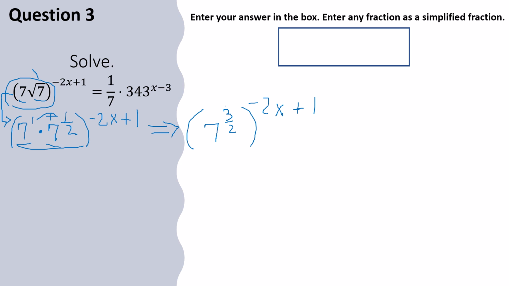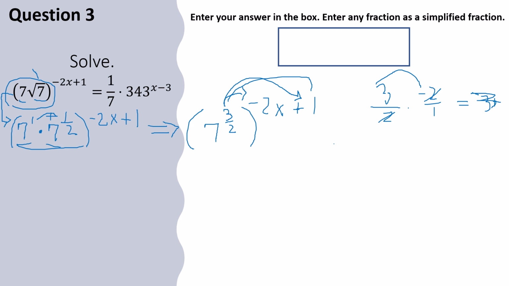All right, so when we raise a power to a power, we're going to multiply. So we need to distribute that 3/2 to the negative 2x and to the positive 1. So we're going to multiply 3/2 times negative 2 over 1. You'll see the 2 cancels. We have negative 3. That's all that's left right there. And then 3/2 times 1 is 3/2. Oh, I forgot the x over here.